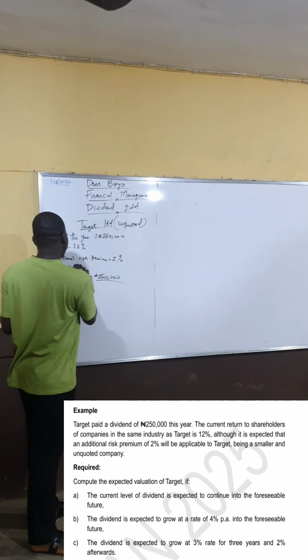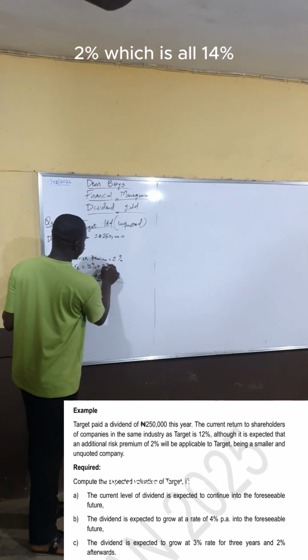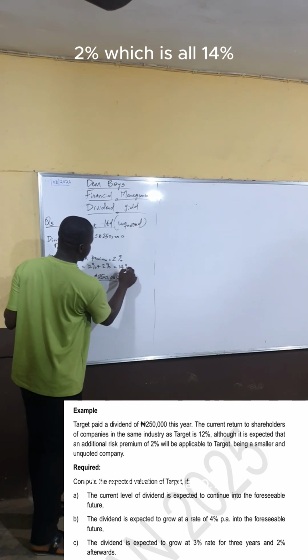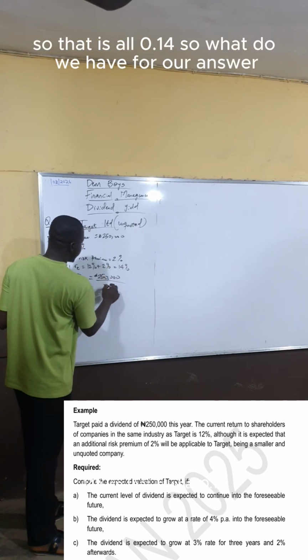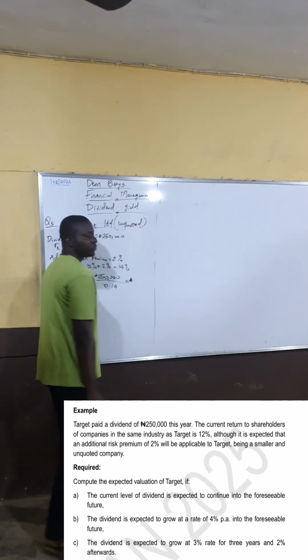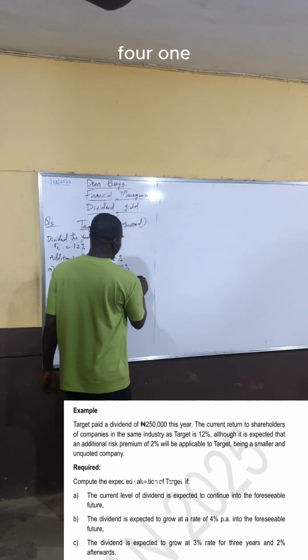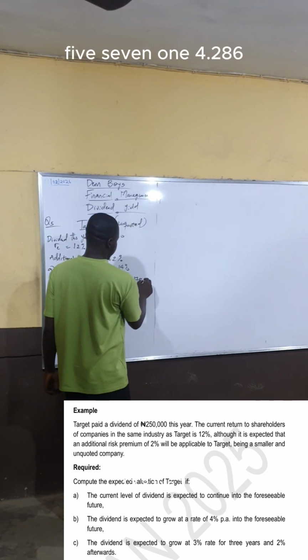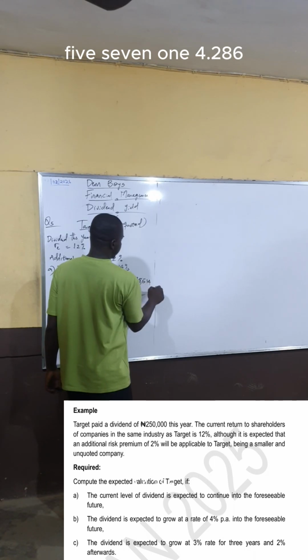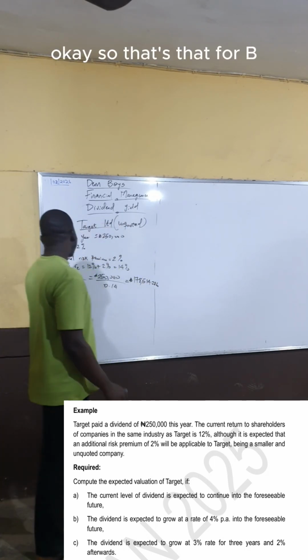Total RE equals 12% plus 2%, which is 14%, so 0.14. So what do we have for our answer? 1,785,714.286. Okay, so that's that for that.